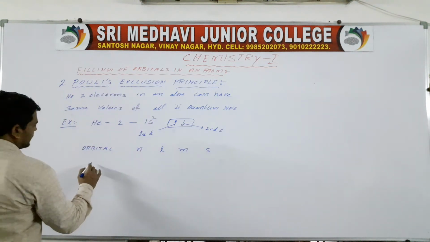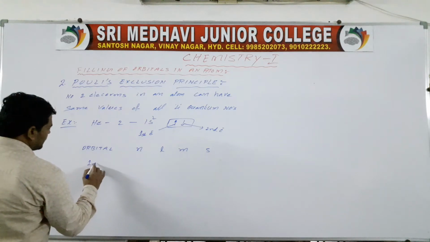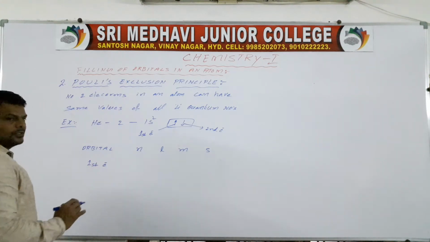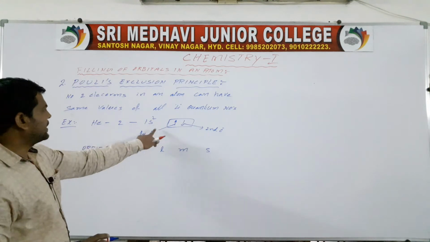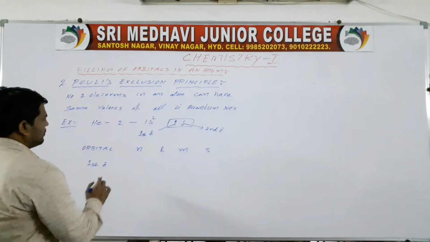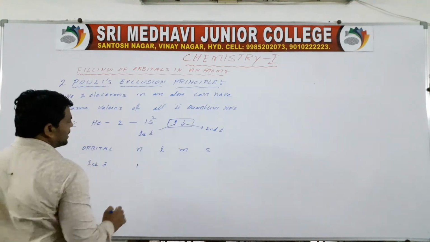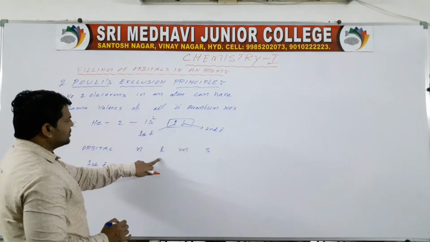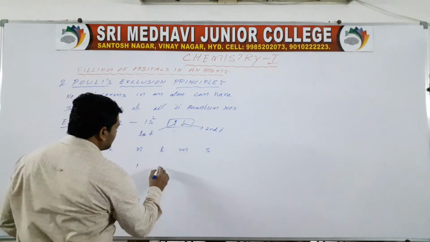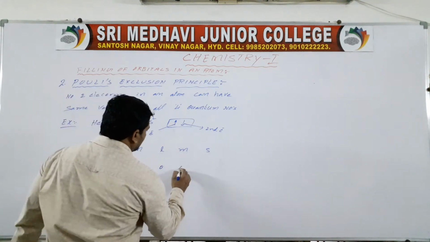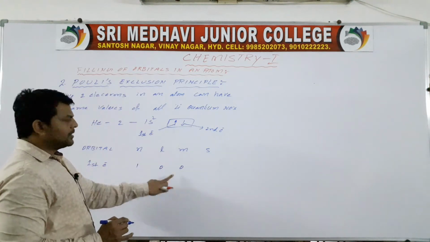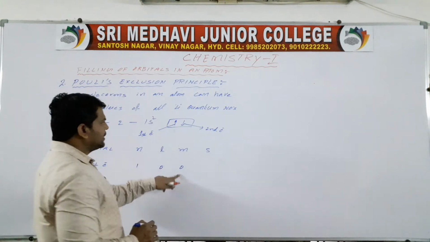The first electron I am going to write: 1s1. The principal quantum number is 1. For the s orbital, l value is 0, m value is 0.